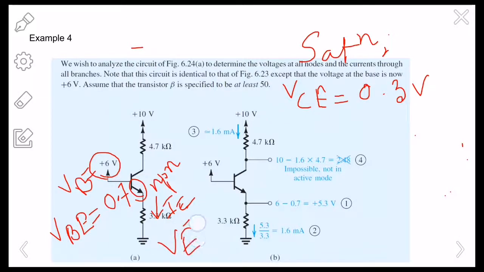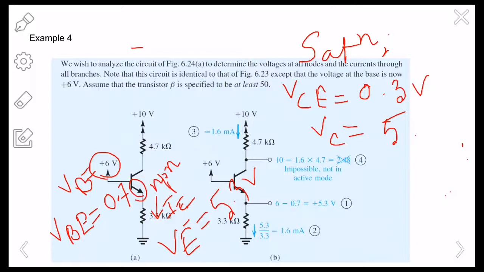Remember, VE was most probably 5.3 volt. So VC should then be 5.3 plus VCE.